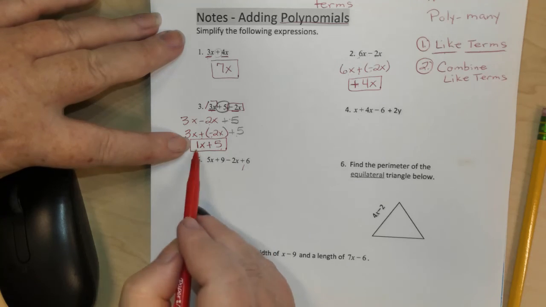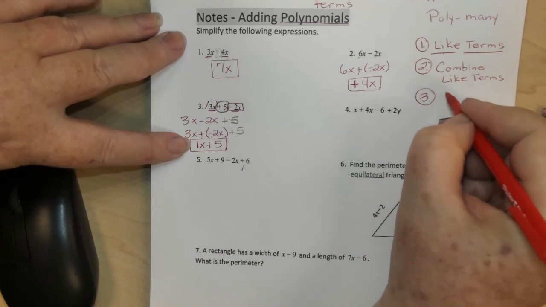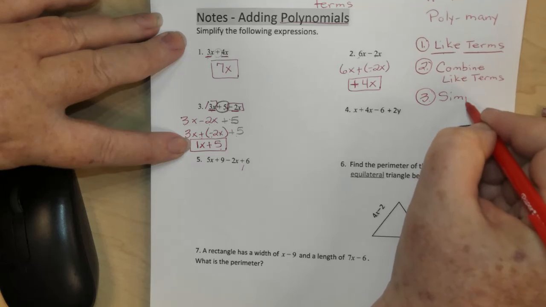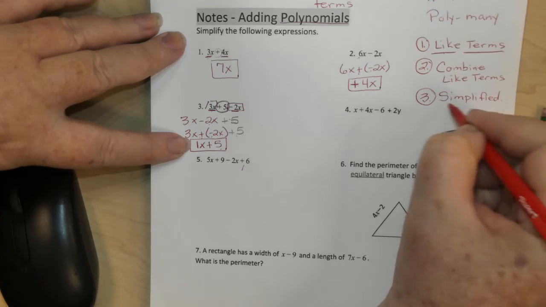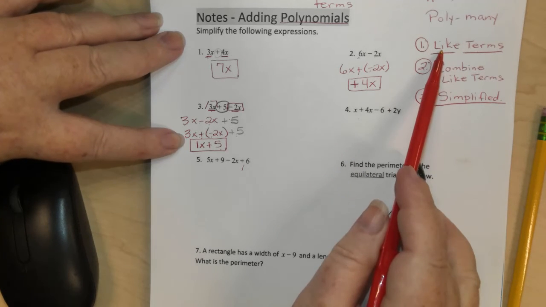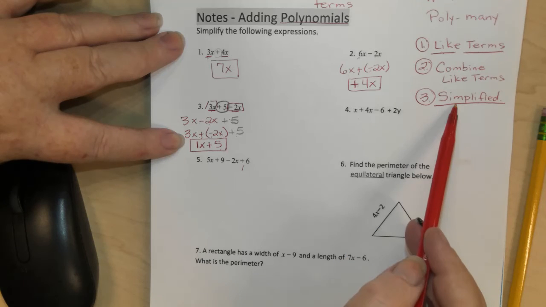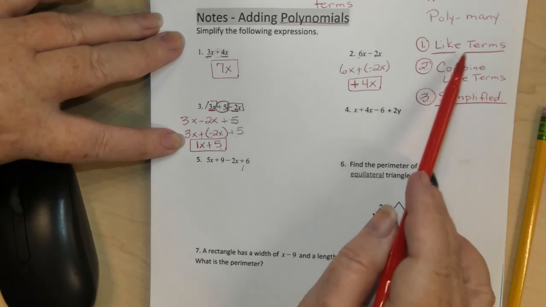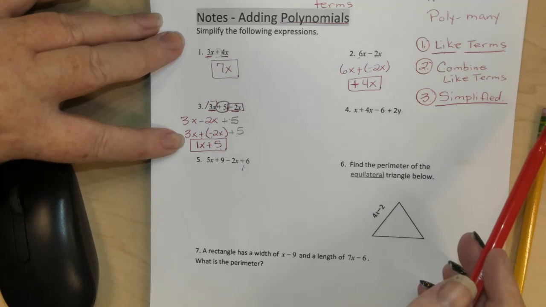You are finished. This is fully simplified. So, find your like terms, combine your like terms, and then check, is it fully simplified? And we're going to talk more about what a like term is in a minute when we get to ones that are more complicated.